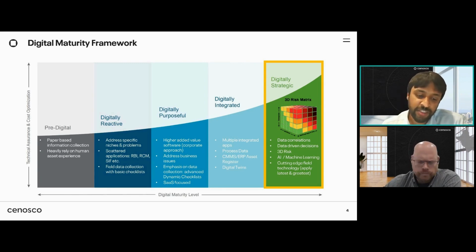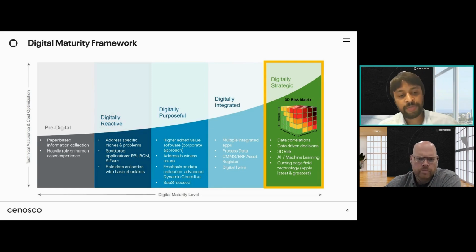Probability of failures are critical elements when it comes to risk-based approaches. Of course, you can take inspection data, but also keeping an eye on the process condition is also quite key. So IOW monitoring, integrating RBI programs to sensors, just like what Tomislav highlighted, right? Those are also quite key.